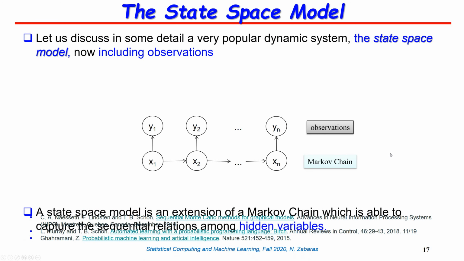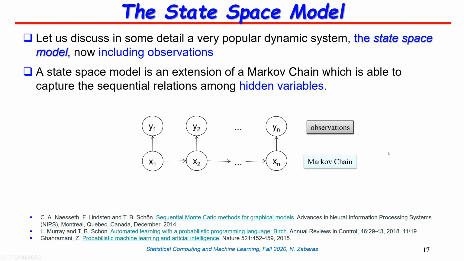Okay? So this model is obviously an extension of the Markovian model that we introduced before, but now the whole focus is changing because we're going to make the states x1, x2, ..., xn unknown states. We're going to have these observations y1, y2, ..., yn, and then the objective, of course, will be using the values of y1, y2, ..., yn to produce a posterior distribution of x1, x2, ..., xn, and we will see the details momentarily.